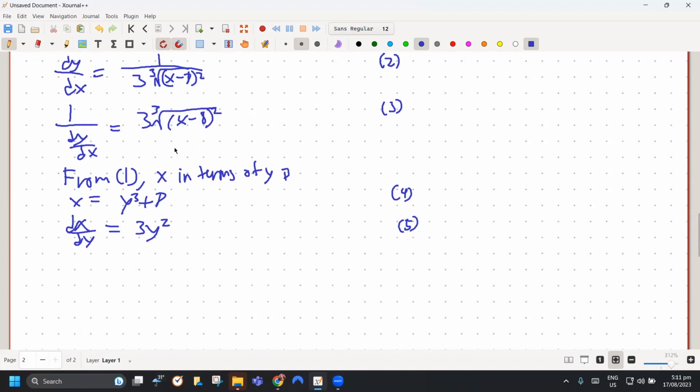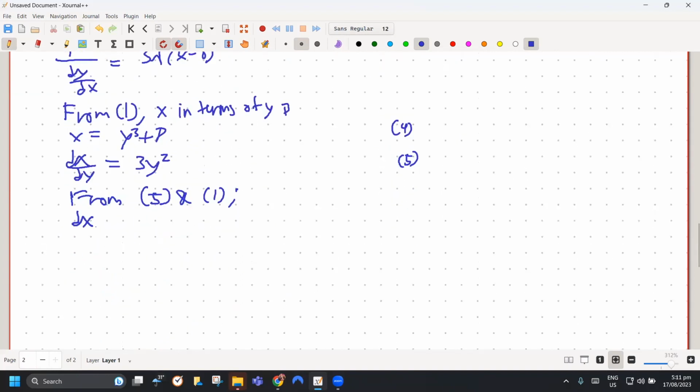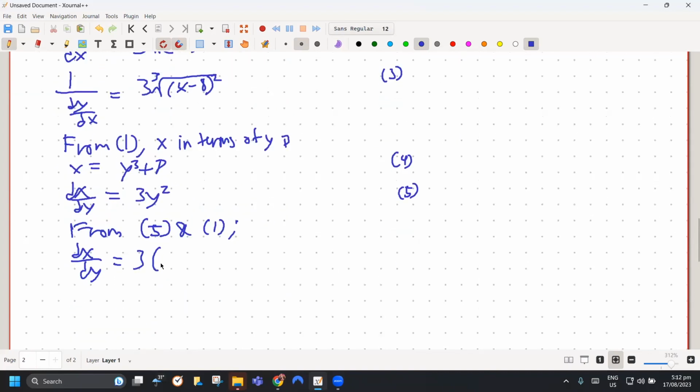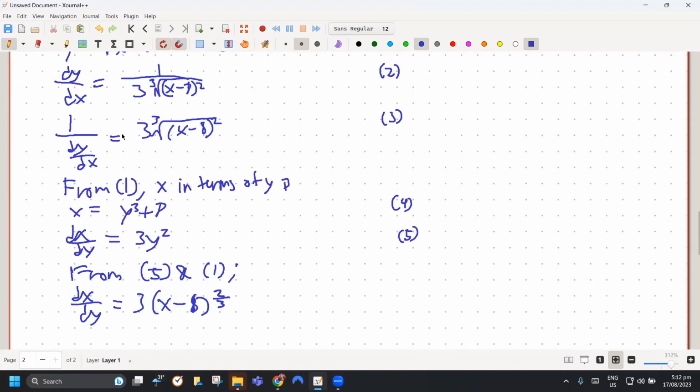We'll just substitute it. So using equation 1, from 5 and 1, dx/dy is y squared, but y is the cube root of x minus 8, so it's 3 times the cube root of x minus 8, squared. Yes, they're the same.